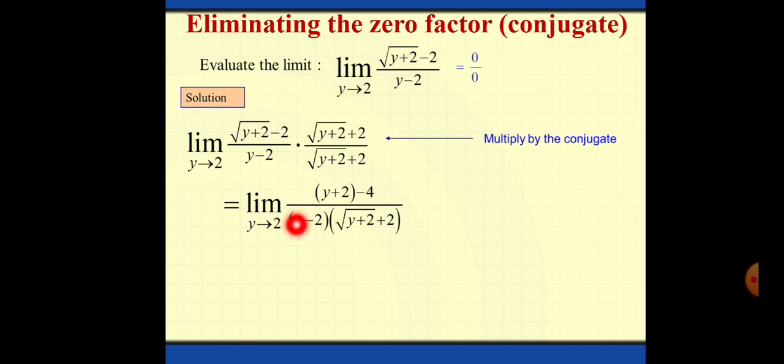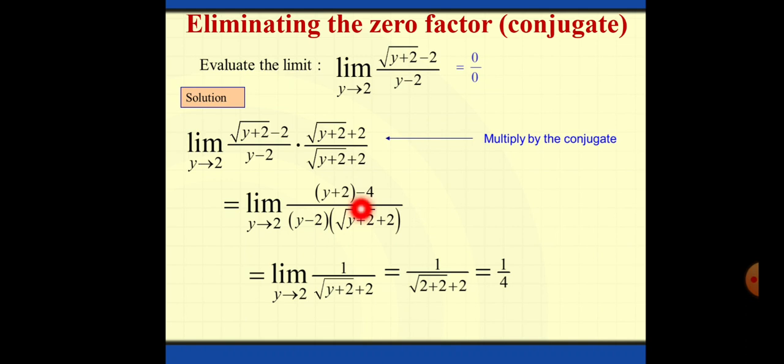After multiplying by the conjugate, this root times this root, the root will be cancelled, so we have y plus 2 and negative 2 times 2, which is negative 4. Now keep the other two expressions here. Now simplify. You have here y plus 2 minus 4, which is y minus 2.